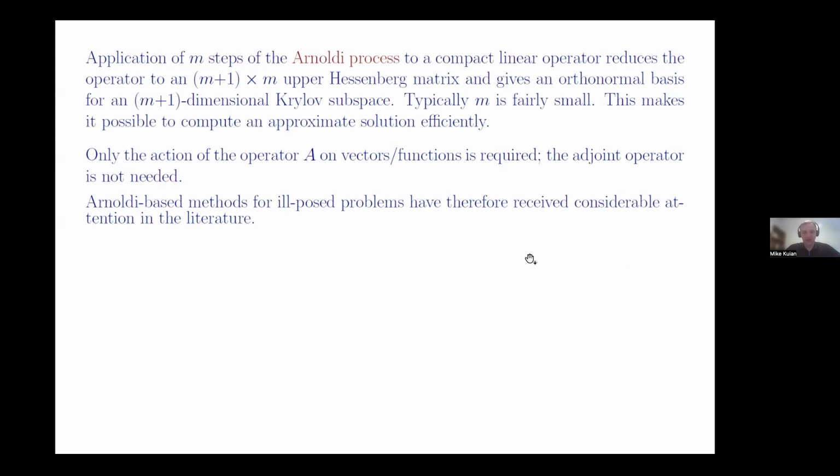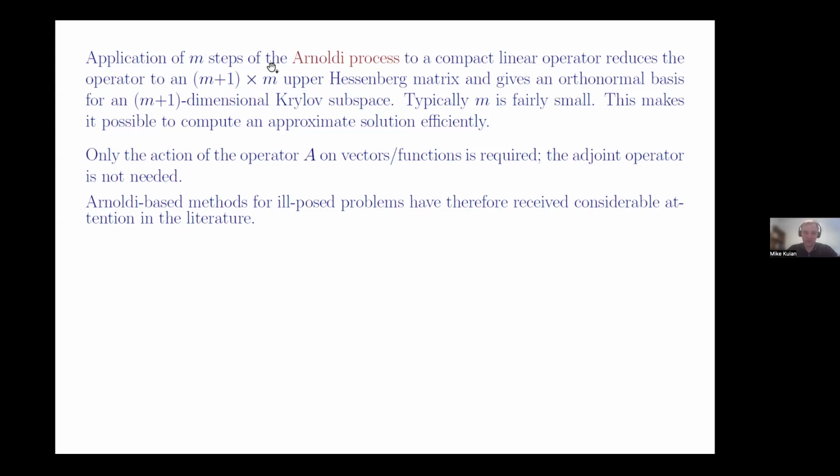In this research, we explored the classical Arnoldi process. The Arnoldi process is used a lot for solving ill-posed problems. It's an iterative method. Application of m steps of the Arnoldi process to a compact linear operator reduces the operator to an (m+1) times m upper Hessenberg matrix, a classical one.